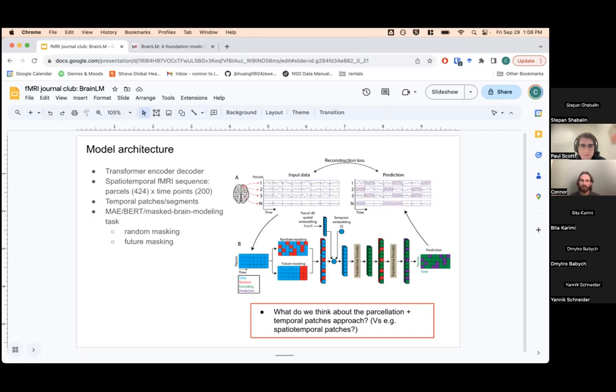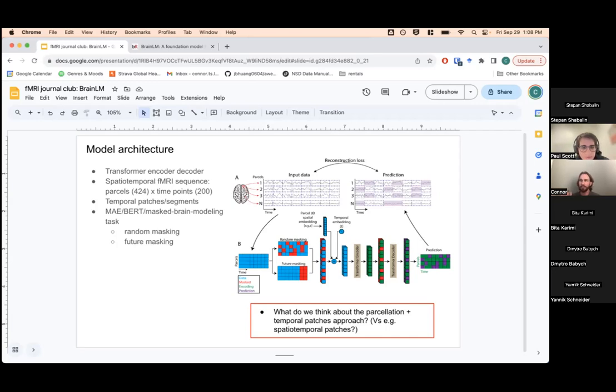So basically, their model is a fairly typical transformer encoder decoder. So you're feeding in these fMRI sequence data to the transformer, you're masking some patches, and then you're trying to reconstruct the patches.